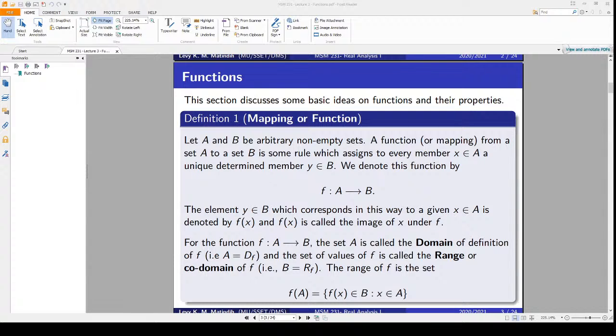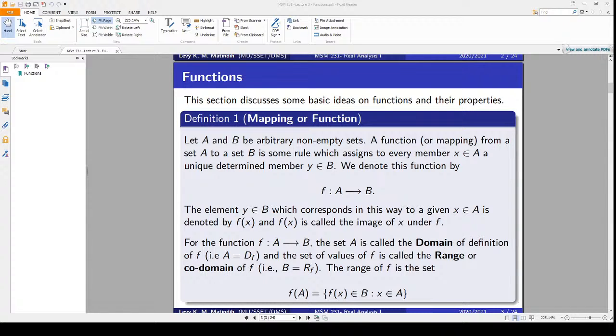Now, this element Y in set B, that you have found by acting this function on some element in A, which corresponds in this way to a given element X in set A, is denoted by f of X. So we denote this by f, then open bracket, X, close bracket.